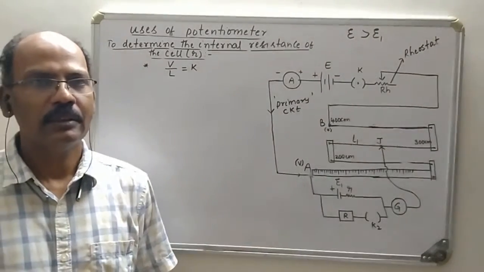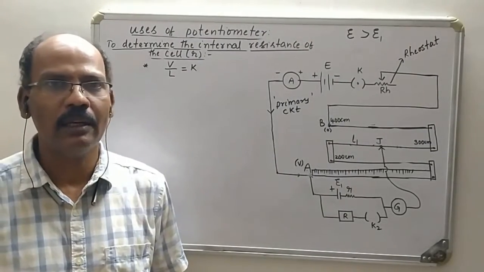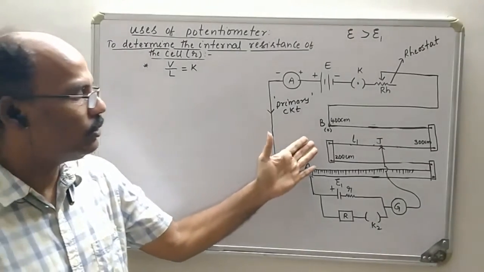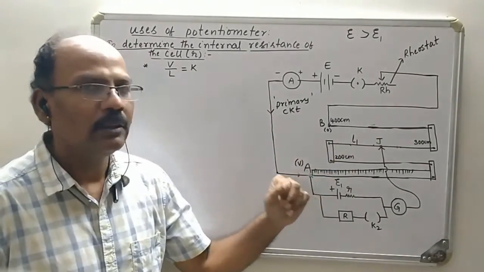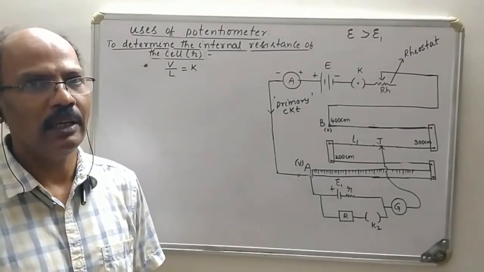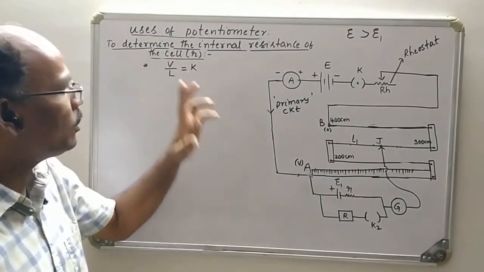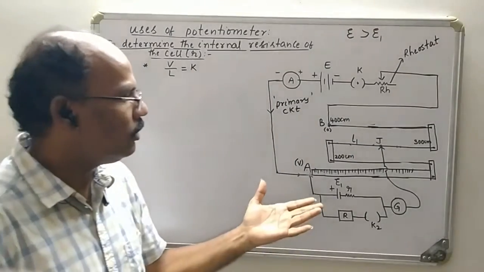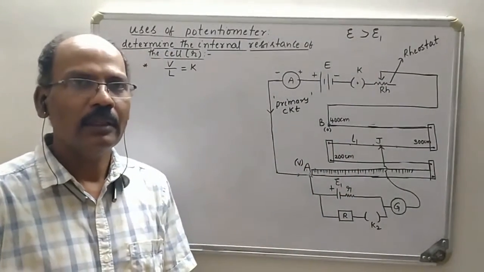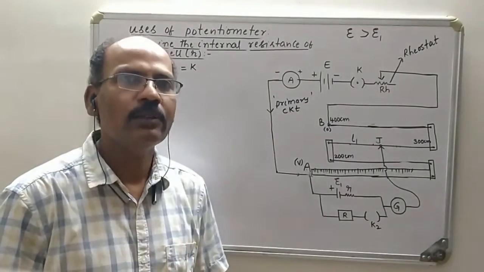Let's discuss how we can determine the internal resistance of a given cell using a potentiometer. This is the diagram used to explain how we can derive the internal resistance of the given cell. We know the principle of potentiometer, that is V by L is equal to K. Also observe the construction of the potentiometer, as in the case of comparison of EMF of two cells.